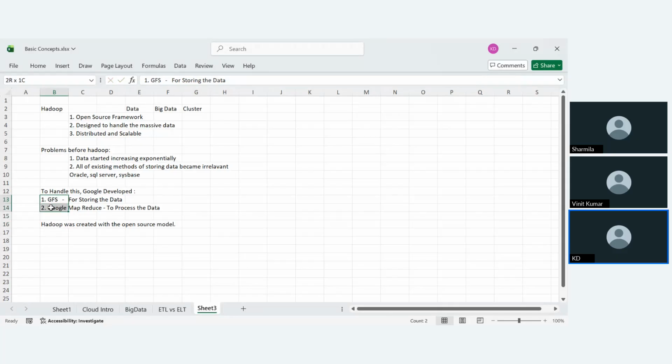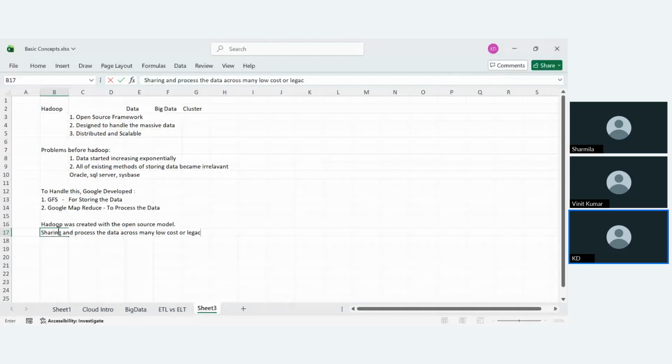There were some restrictions with this, and because of that, a separate community created Hadoop separately. Hadoop was capable of sharing and processing the data across many low cost or legacy hardwares.